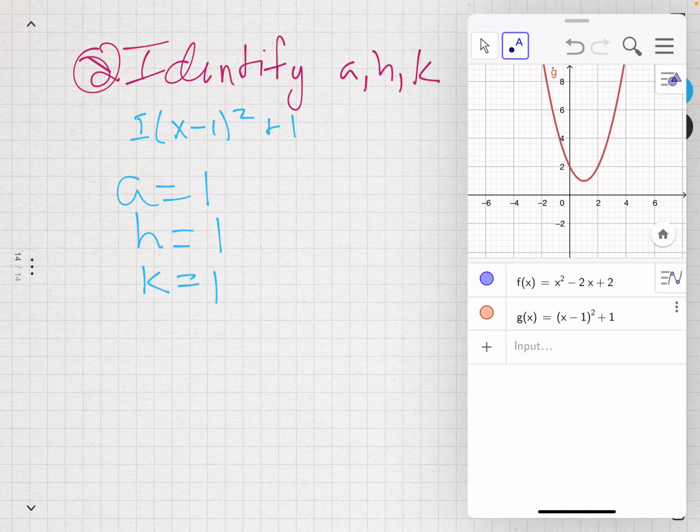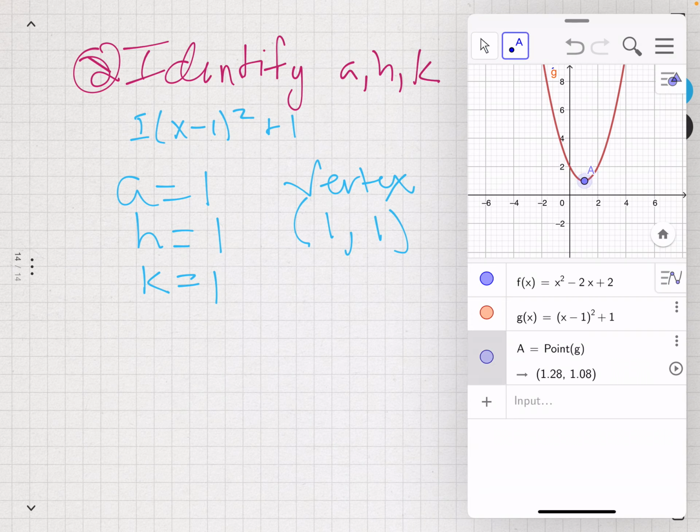So that means our vertex is 1, 1, which means if I put a point and I move it to 1, 1, it's just finicky because of rounding errors. 1, 1 is in fact there. And then we have that A is 1, so it should open up. And it does. So we identify A, H, and K.